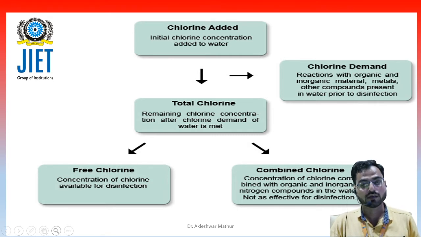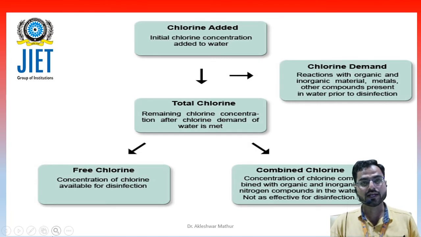Total chlorine. What is the total chlorine? It is the remaining chlorine concentration after the chlorine demand of the water is met. Total chlorine means when you apply chlorine to the water, or some chlorine salt like sodium hypochlorite, then it will be consumed for the oxidation of different chemicals present in the raw water. After that, the remaining chlorine is known as the total chlorine.